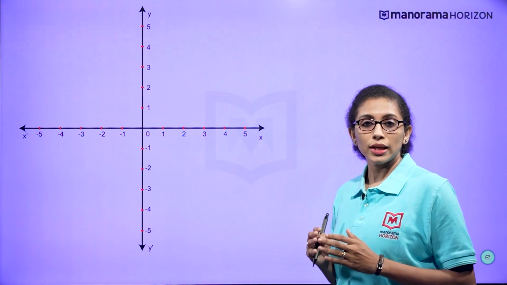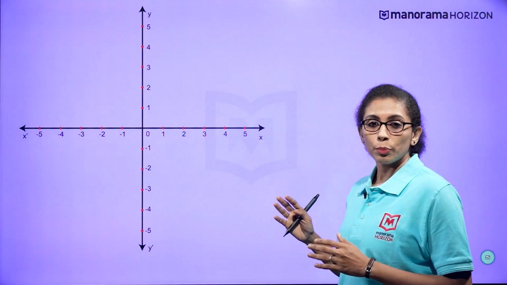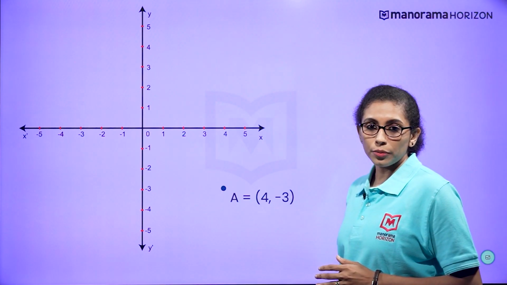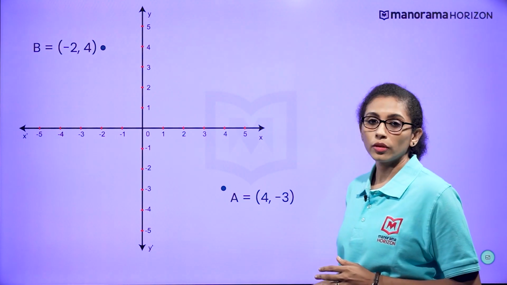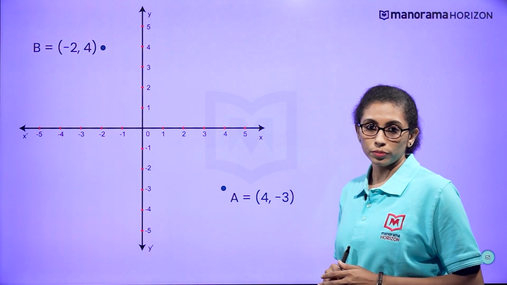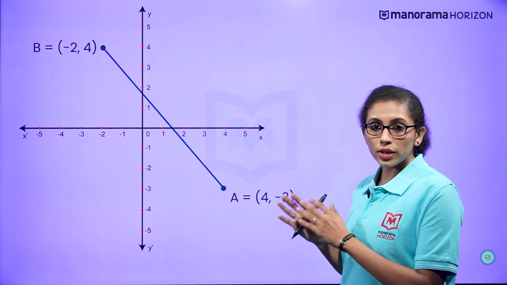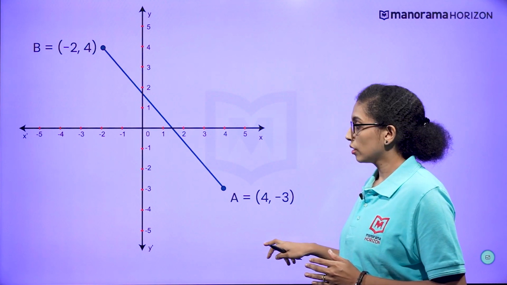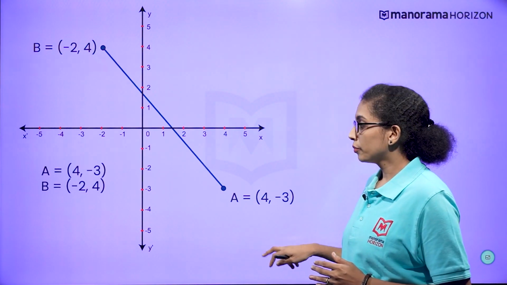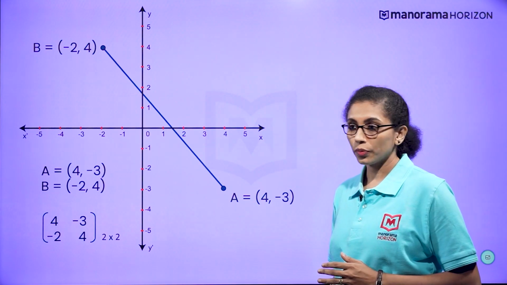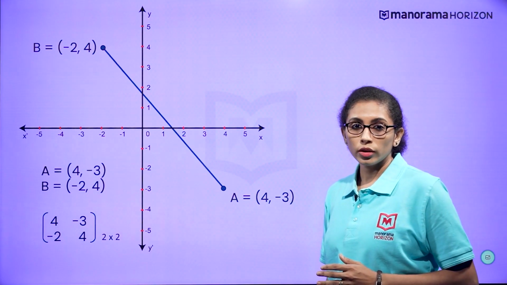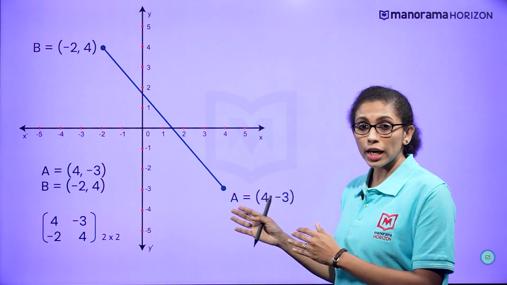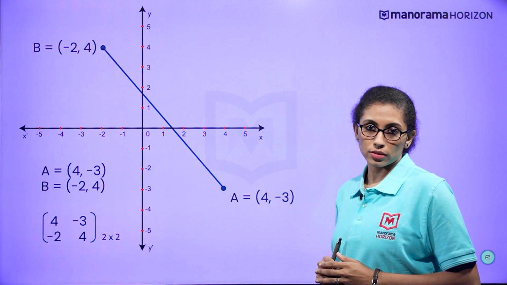Take the case of a line segment which is defined by two endpoints, A(4, -3) and B(-2, 4). One can express the endpoints of a line segment in the form of a matrix. P is equal to [4 -3; -2 4]. This matrix has 2 rows and 2 columns. Therefore, it is a 2 by 2 square matrix.